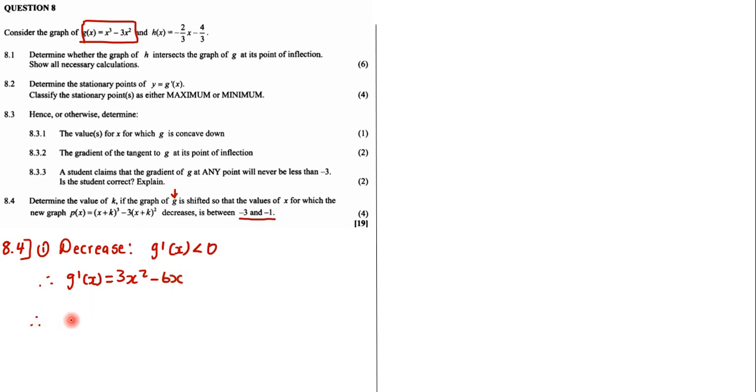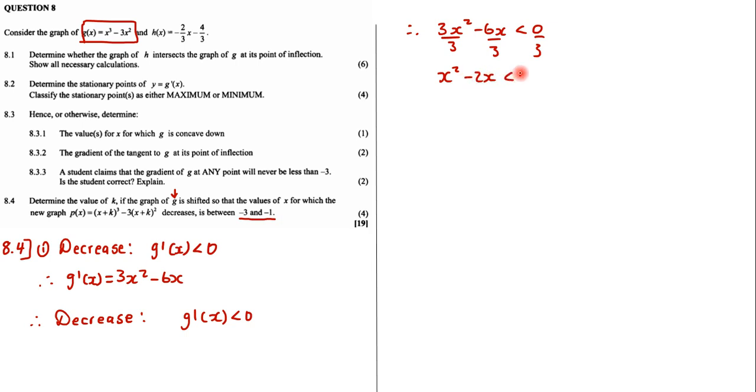So to decrease, I will say the derivative is less than 0, and substitute my value into that. Then I'll divide by 3 everywhere, and I'll have x squared minus 2x less than 0.